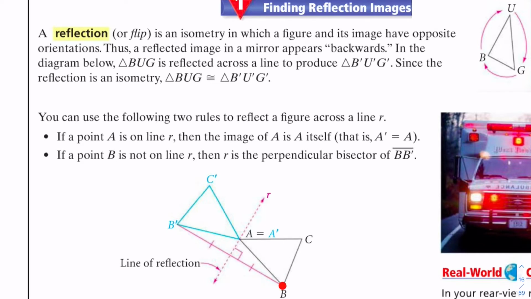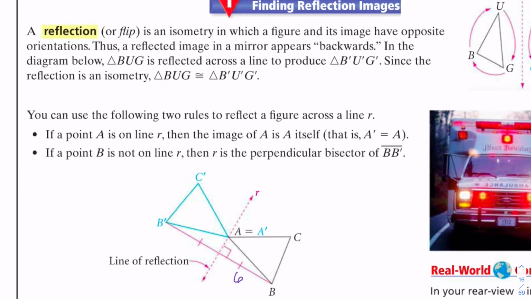Well, B is going to be perpendicular to this line of reflection, and B prime will also be perpendicular to that line of reflection, and they're going to be equidistant from that line of reflection. What does that mean? Well, if this is 6 units away, then B prime is also 6 units. And if C is 5 units, then C prime will be 5 units as well.